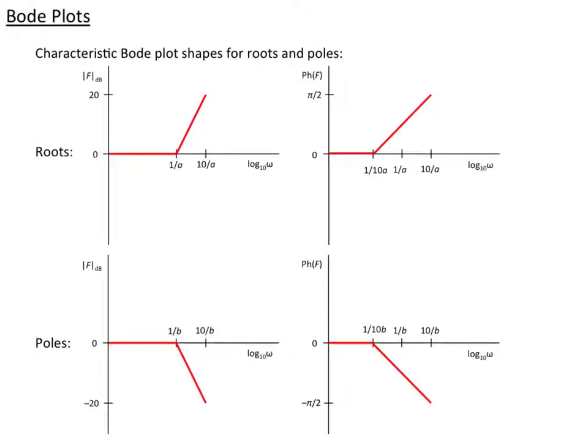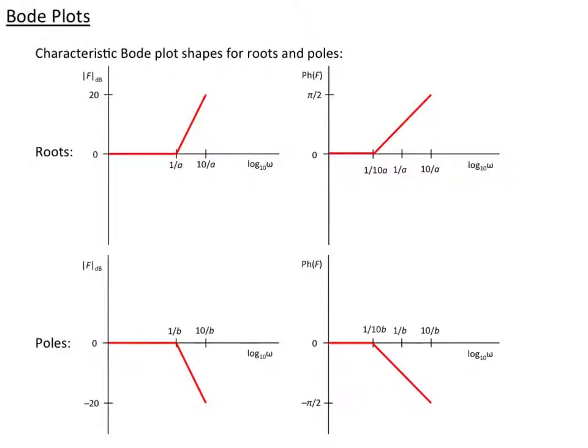So if I just have one root or one pole, I can easily say what this does. So if I have one root, not at 1 over A equals 0, then I have a gain of 1 previous to that. And then once I get to the pole value, I start going up at 20 decibels. There's my 20 decibels per decade.